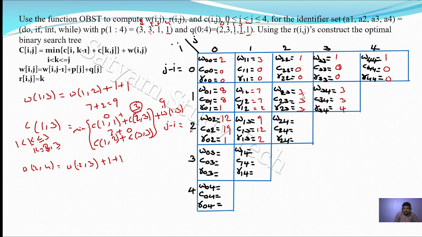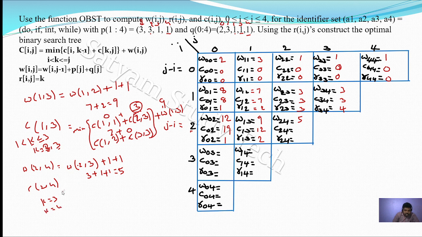W of 2 3 value is 3, you can see the table. So this value is 3 plus 1 plus 1, that is equal to 5. W of 2 4 value is 5. And you can calculate the c of 2 4. So either k value is 3 or k value is 4.